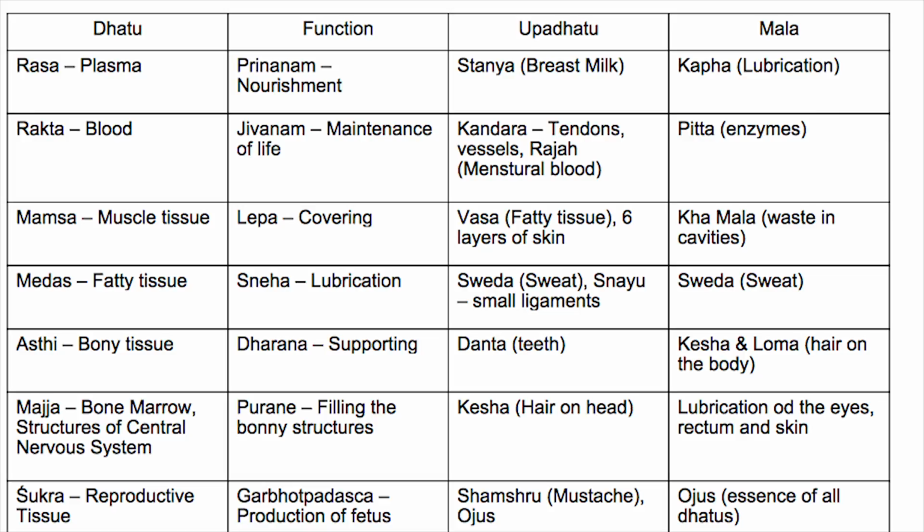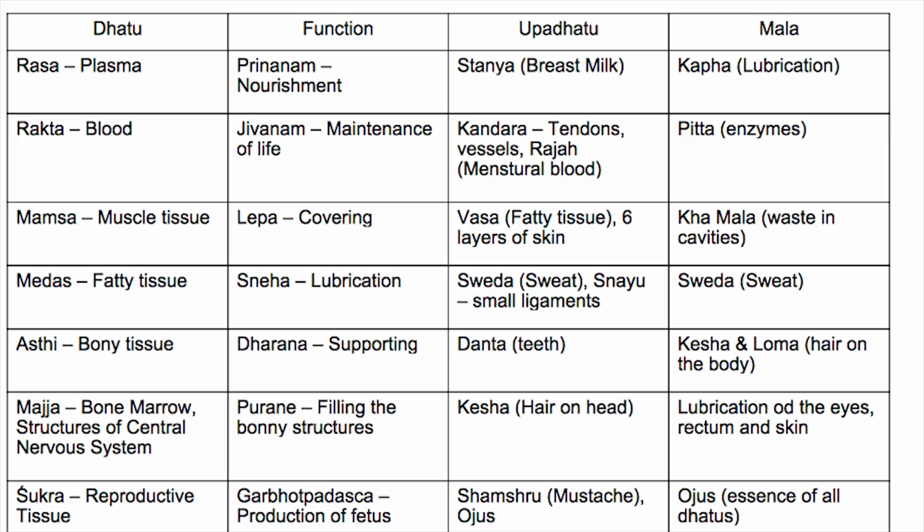In the process of production of the rasa dhatu, the other associated structure that it produces is the stanya, or breast milk. So a question that arises is whether this is only applicable to women, because breast milk is only produced in women.